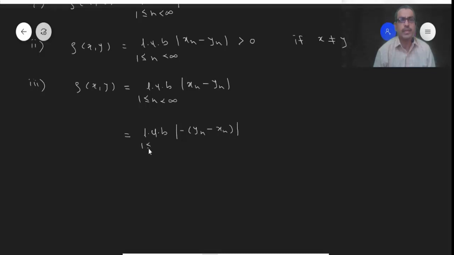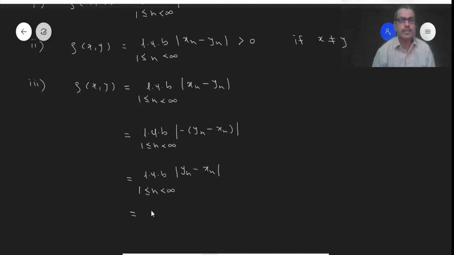Then this is equal to the least upper bound of mod yn minus xn, where 1 is less than or equal to n is less than infinity.